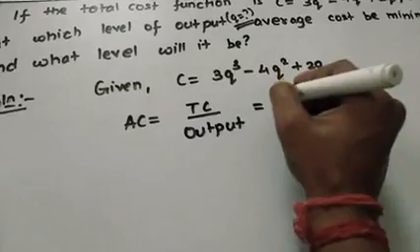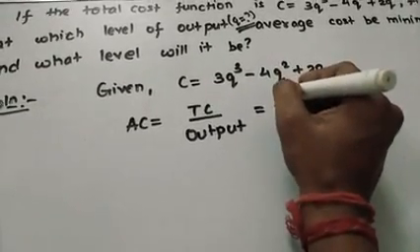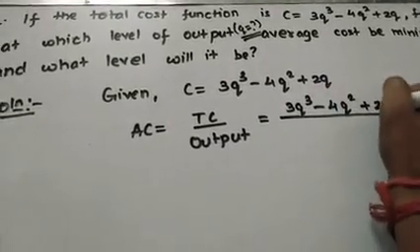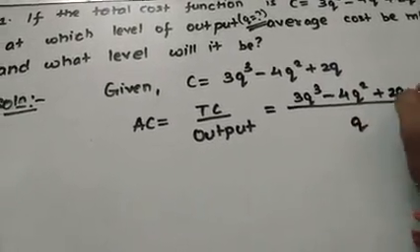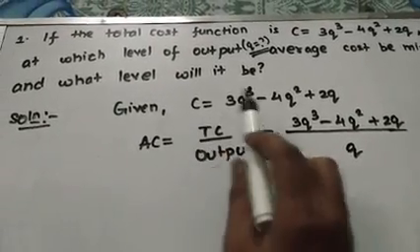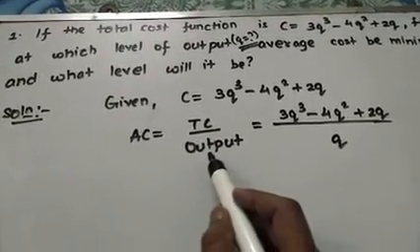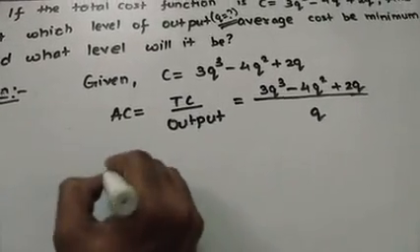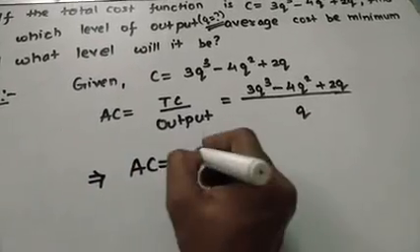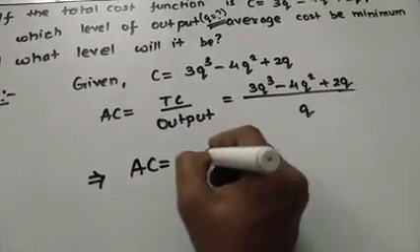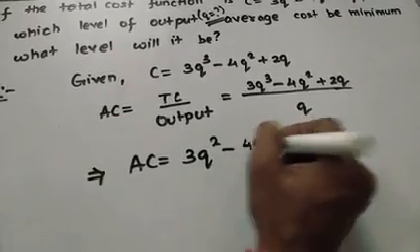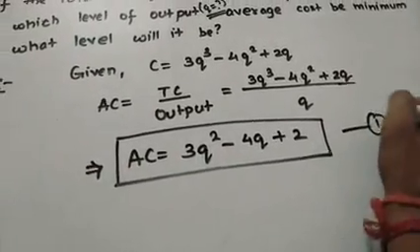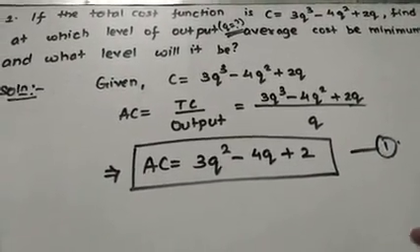Total cost is 3q cube minus 4q square plus 2q. Output is q, because the cost function is given in terms of q. So now dividing each term by q, finally we get AC equals 3q square minus 4q plus 2. So this is our average cost. Name this as equation 1. Okay, so we have found our average cost.